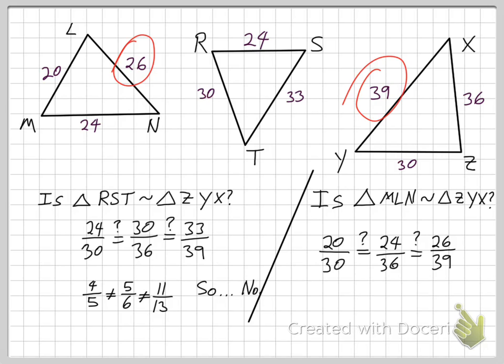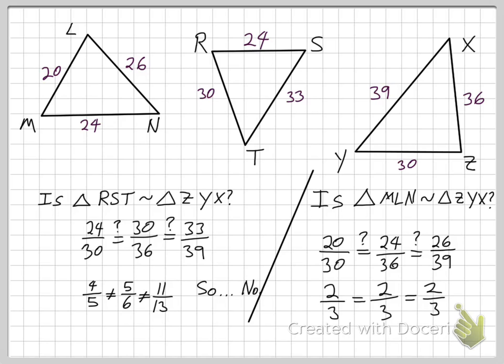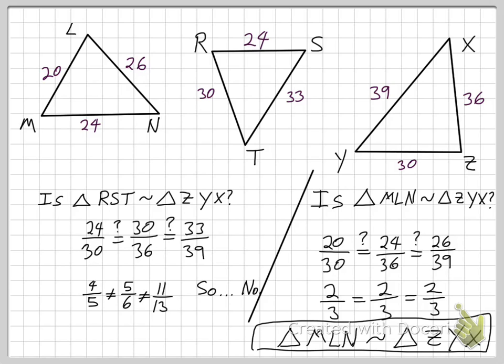That's where you get that. If these are in the same ratio, if these are proportional, then the triangles are similar. And 20 over 30 reduces to 2/3, 24 over 36 also reduces to 2/3, and 26 over 39 reduces to 2/3. So yes, by the side-side-side similarity theorem, these two triangles are similar. And then part of our problem was to create a similarity statement. So that would be triangle MLN similar to triangle ZYX.